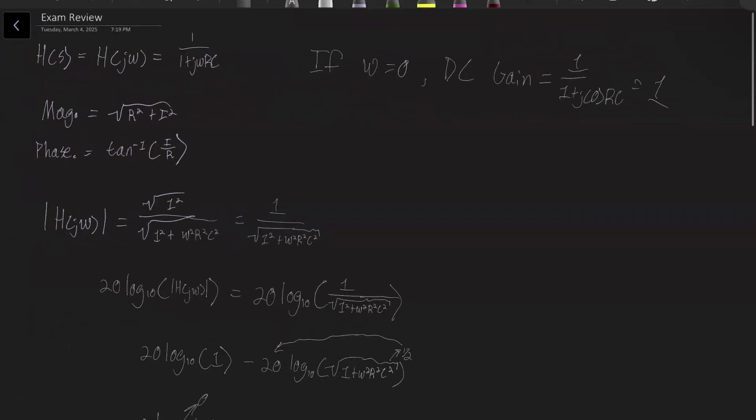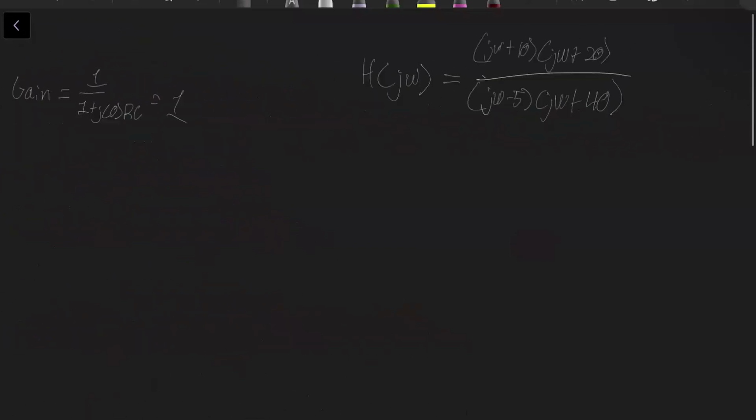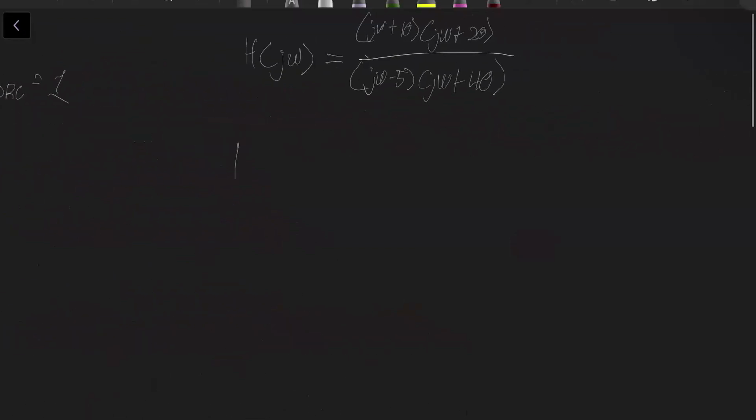We can take these same generic equations that we talked about, and we can apply them over here as well. So our magnitude is going to be equal to the square root of omega squared plus 10 squared times the square root of omega squared plus 20 squared, divided by the square root of omega squared plus 5 squared times the square root of omega squared plus 40 squared.